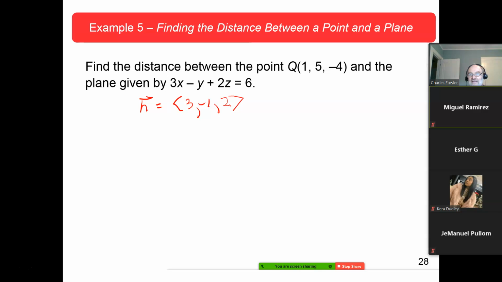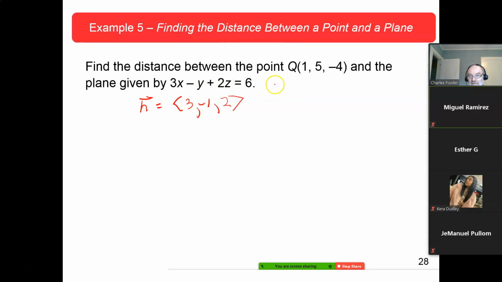Now, what is a point that is in that plane? It really doesn't matter which you choose, but one point that's in this plane would have to be (2, 0, 0).